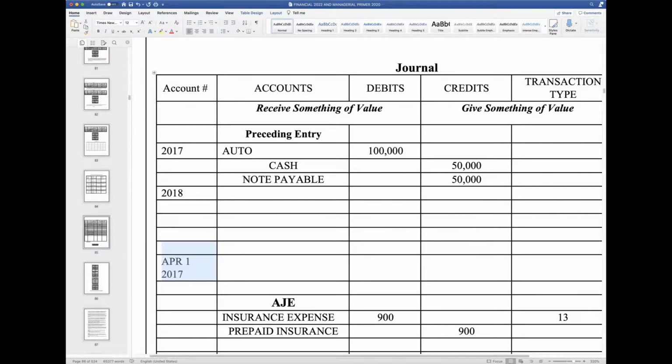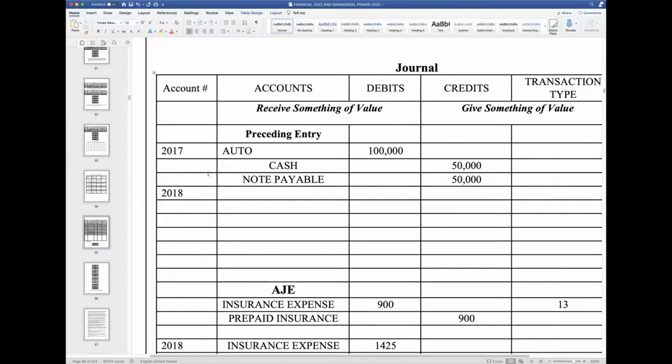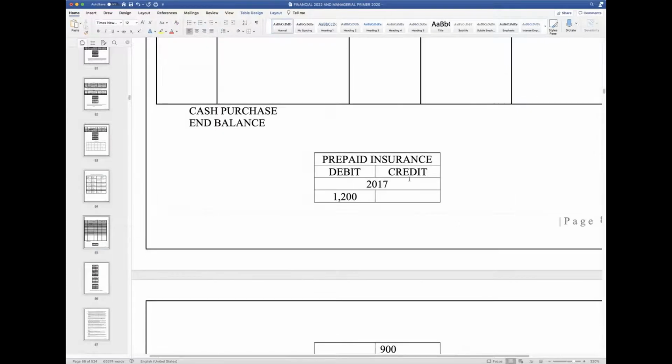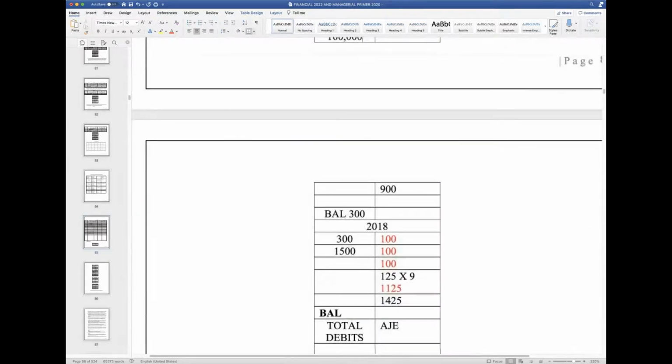Now let's look at our adjusting entry. Auto is going to be the $100,000. That's the first one. For the T account, we go to auto. We got 100,000 in the auto account.